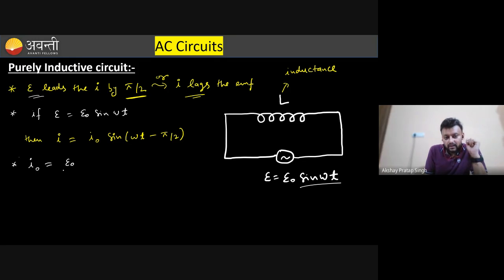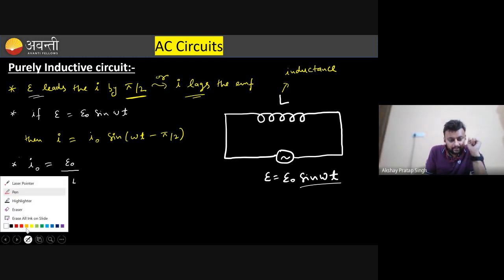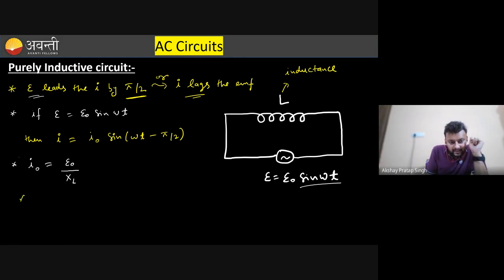E naught. Resistance of inductive circuit is denoted by XL. And this XL, anybody knows the name of this XL? This XL is known as inductive reactance.